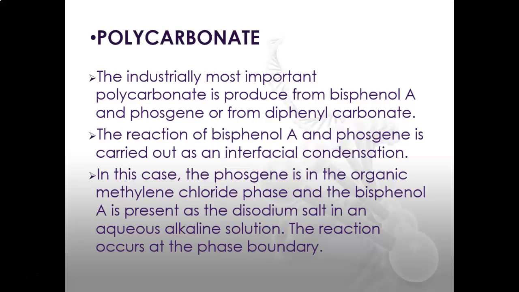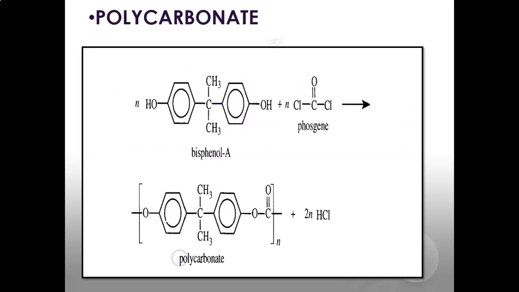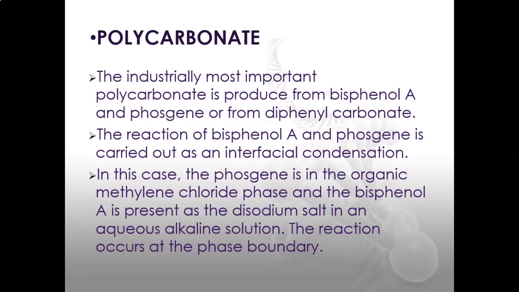The reaction of bisphenol A and phosgene is carried out as an interfacial condensation. In this case, the phosgene is in the organic methylene chloride phase and the bisphenol A is present as the disodium salt in an aqueous alkaline solution, and the reaction occurs at the phase boundary.